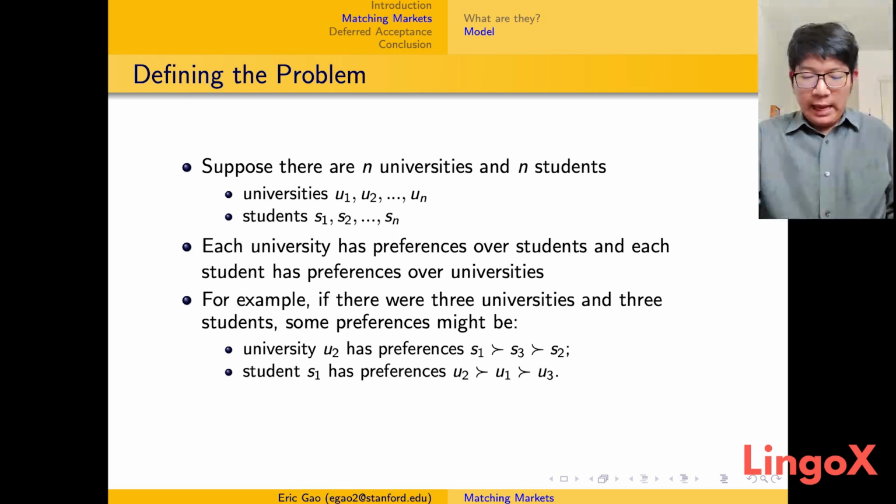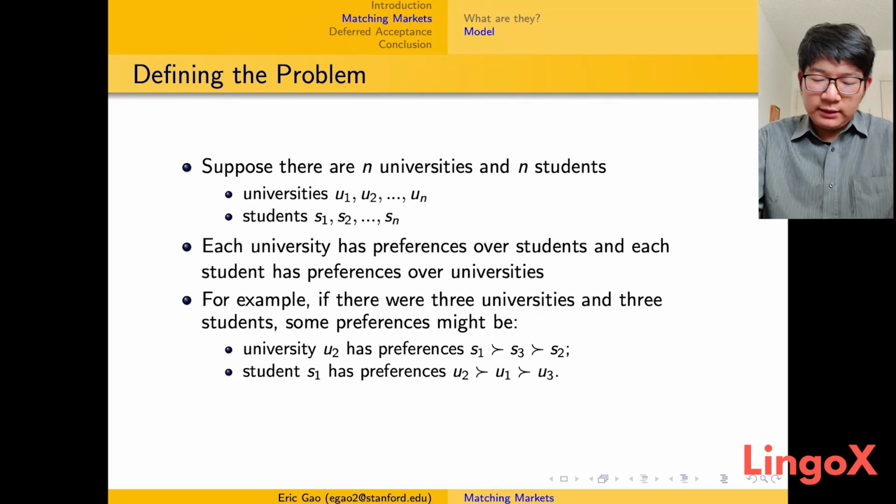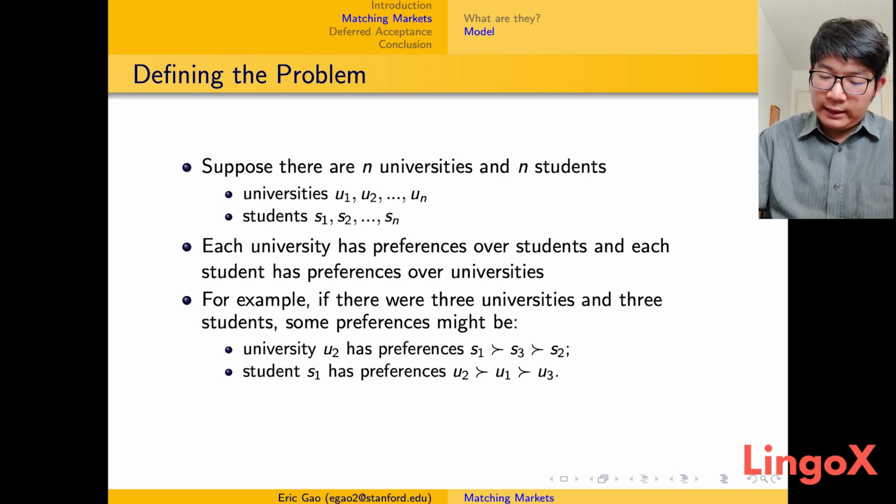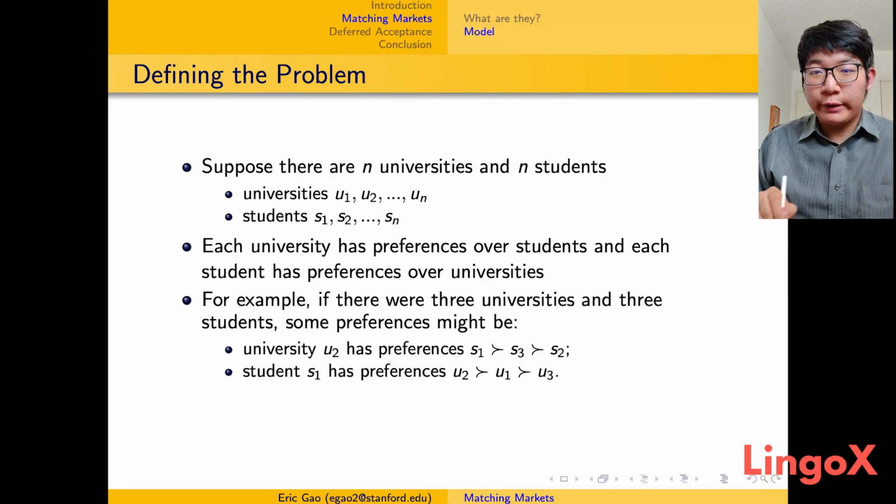Okay. And each university has preferences over students. Each student has preferences over universities. And the way we represent preferences is like this. So each university has some sort of ordering over students, and each student has some ordering over universities.